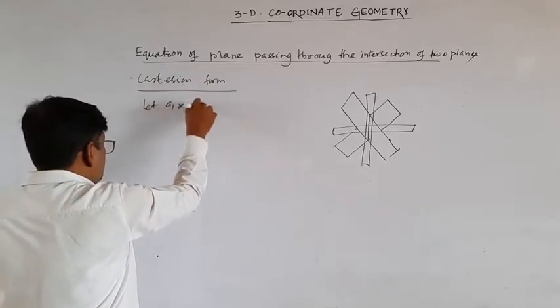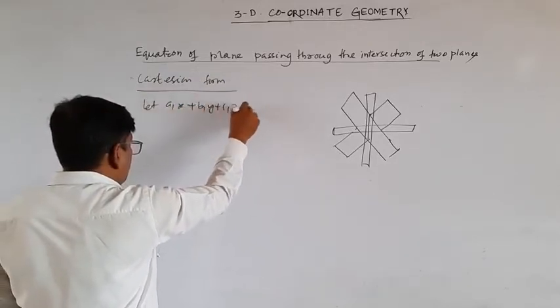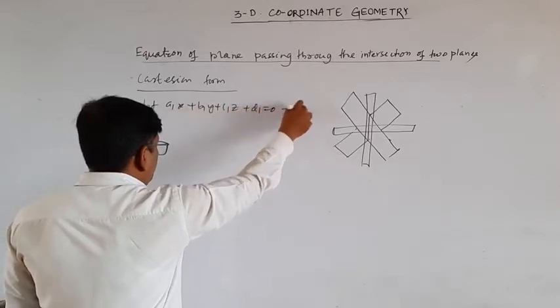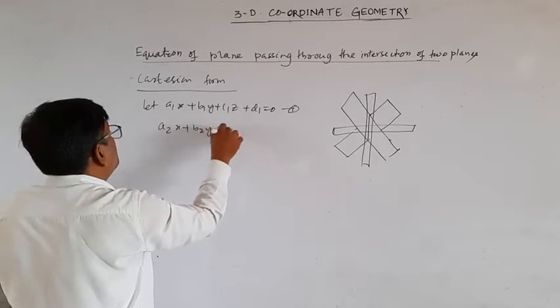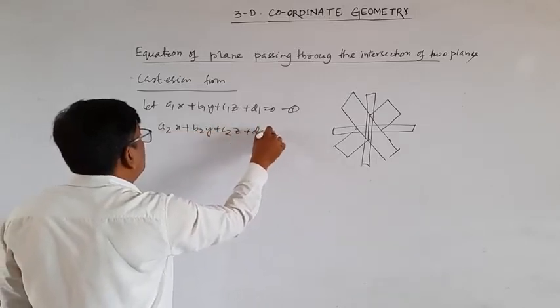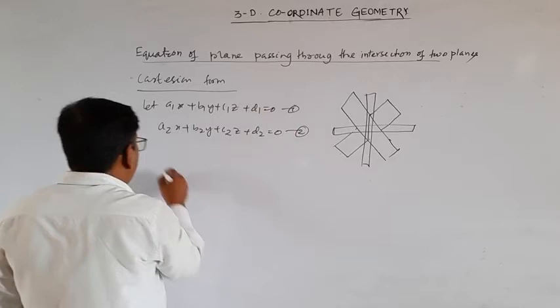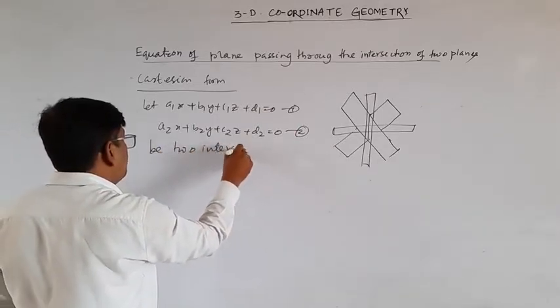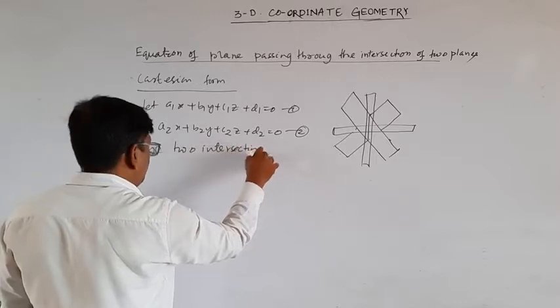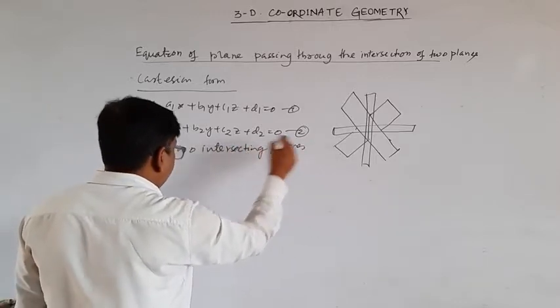Let a1x plus b1y plus c1z plus d1 is equal to 0, equation 1. a2x plus b2y plus c2z plus d2 is equal to 0, equation 2, be intersecting planes.